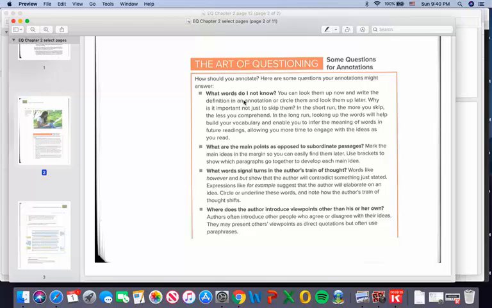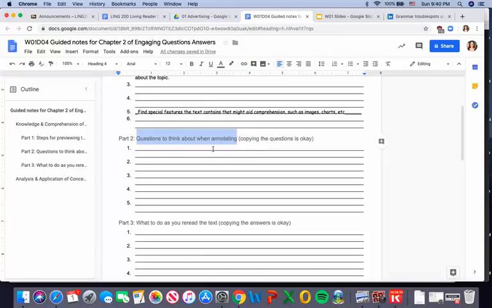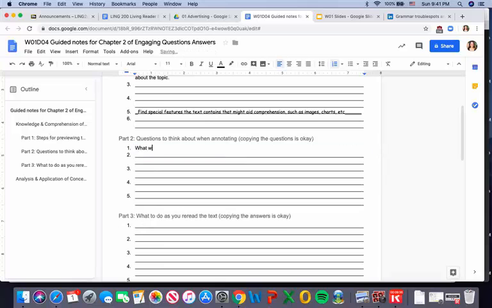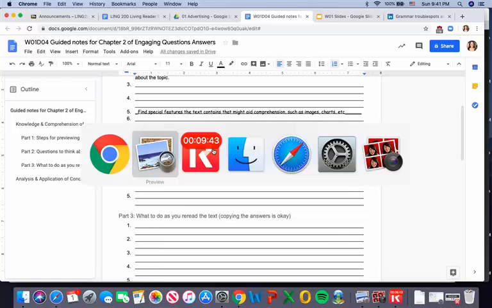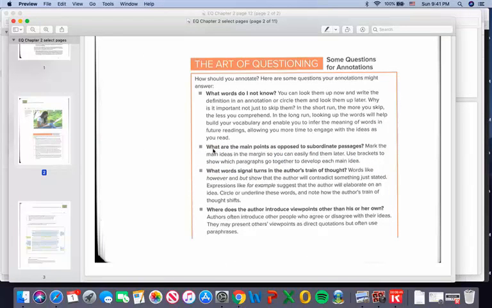So the question here is, what words do I not know? So I'm just going there, and for number 1, I'm just typing, what words do I not know? So there we go. We're done with that. And then let's look, question 2. What are the main points as opposed to subordinate passages?